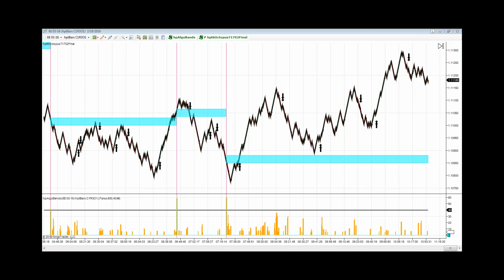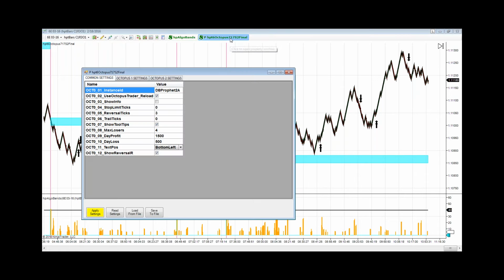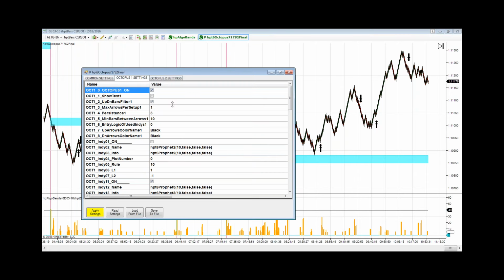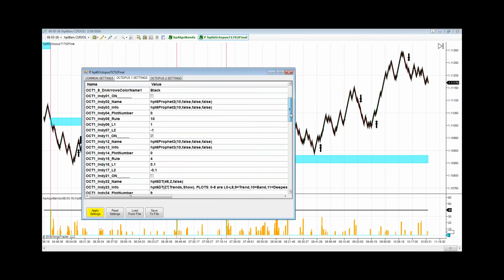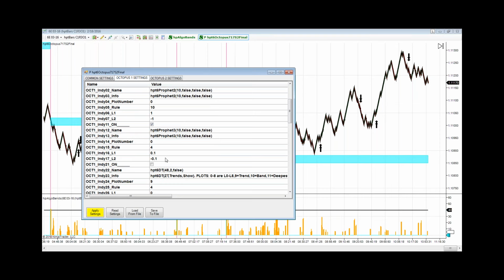And again, you can control the settings on profit 3. I'm using what's in the template, right? I'm using 0.1 and minus 0.1. You could go to 1 and minus 1 or 0.5 and minus 0.5, but I just keep it simple.